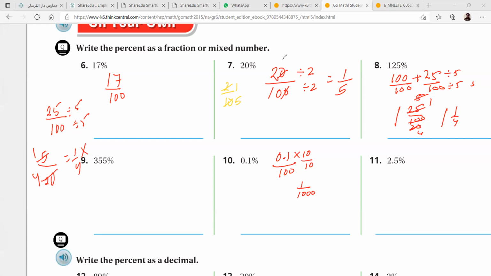If you do that way, you will get 100 over 100 plus 100 over 100 plus 100 over 100 plus 55 over 100. So if you cancel all of them, 1 and 1, you get 1 plus 1 plus 1, 3, and then you get 55 over 100. I think if I write 300, it would be easier. Yes, less confusing.